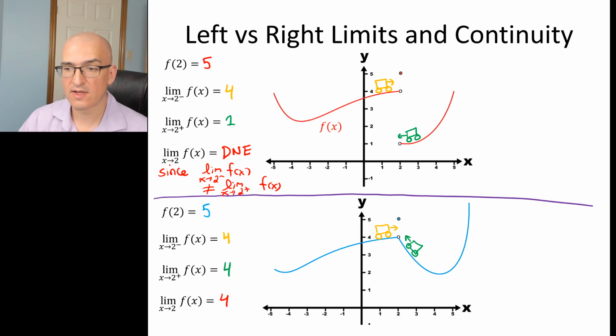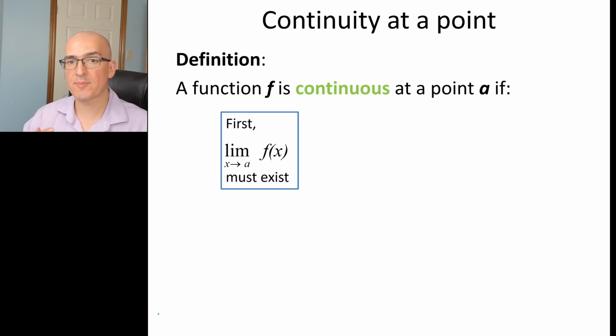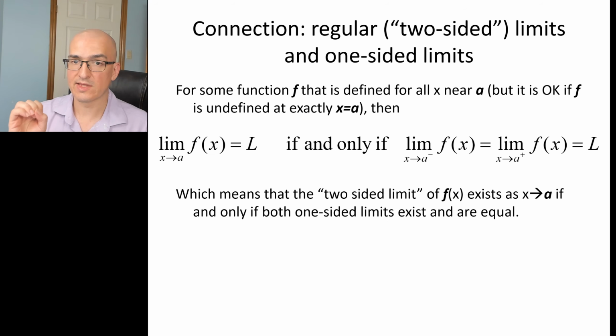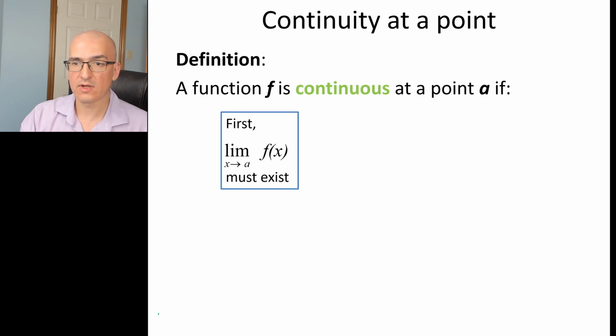The value of the limit as x approaches 2 is 4. 4 and 5 are not the same, and you can see from the graph that there's still that problem, that hole that's been cut in the function and filled in somewhere else. So in order to capture all the necessary ingredients to exclude all types of discontinuities, we need the limit to exist, so left and right limit must be equal, and we need that number to equal the value of the function at the point.